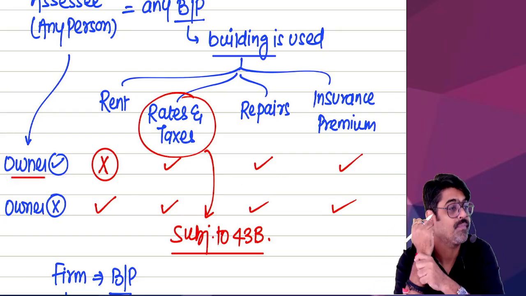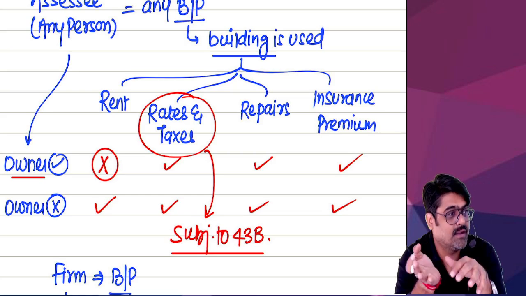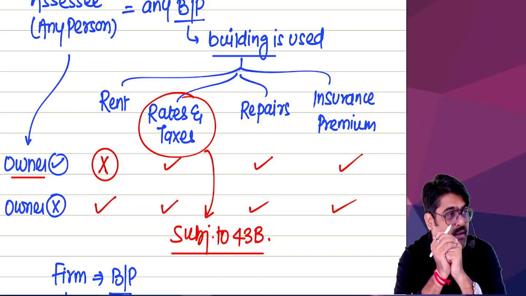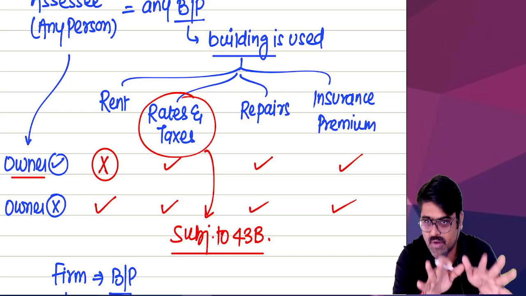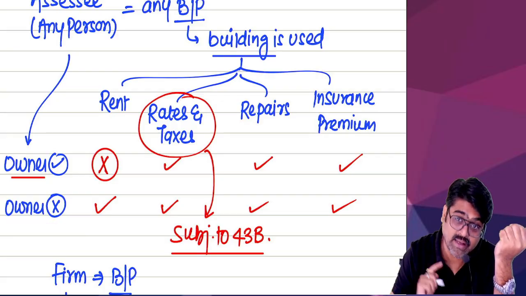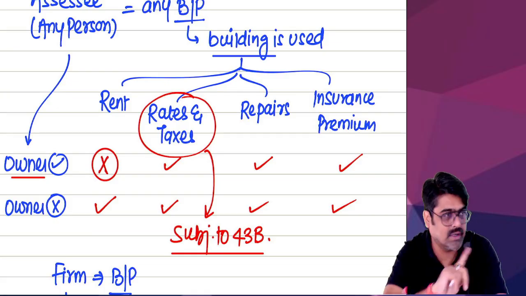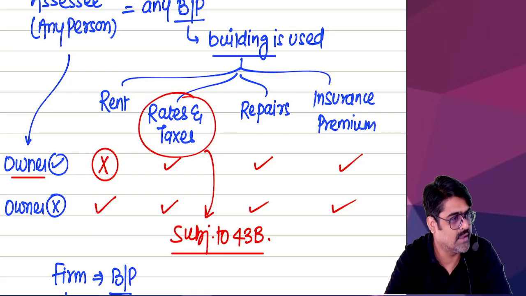Yes or no? But what if that capital repairs are done by a tenant? Meaning, you are not the owner of the building. You are using the building for your business or profession, but you are not the owner of the building. Can you also incur that capital repairs? Yes. For you also it will not be allowed as a deduction. It will be added to the... How can you add it?